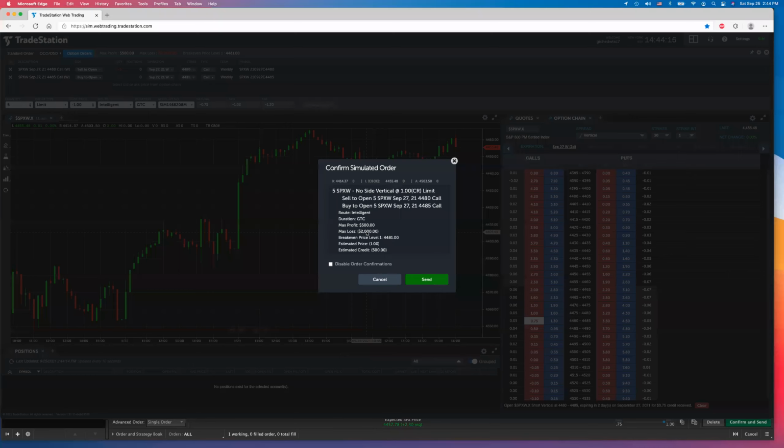It's the width of the spread minus the premium received, times the number of spreads. So in this case, it was 5 minus 1, which gave us 4, times the number of spreads we're selling, which is 5. So 400 times 5 is 2,000. Does that make sense?